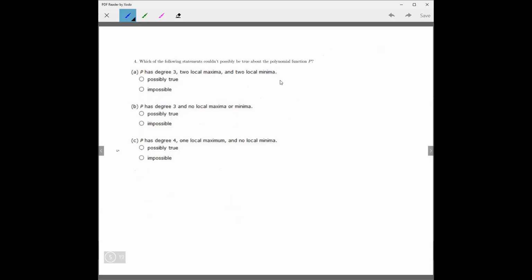We discussed on the first page, when it's degree 3, it's going to be like that, or like that, or like that, or like that. In none of those cases do you have 2 local maxima. You only have 1 local maximum here, 1 there, and only 1 local minimum here. So this is impossible.